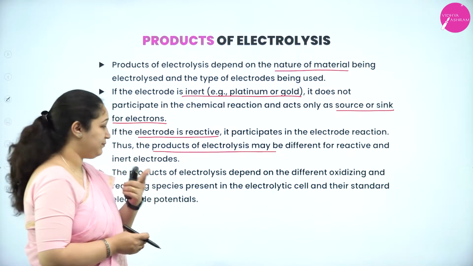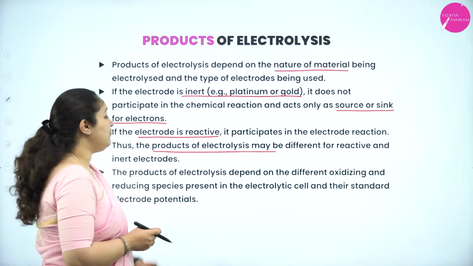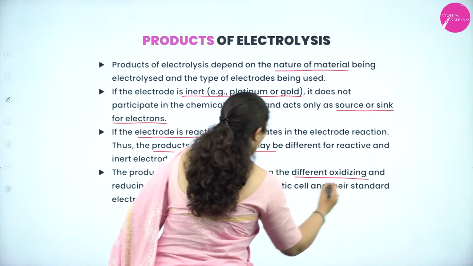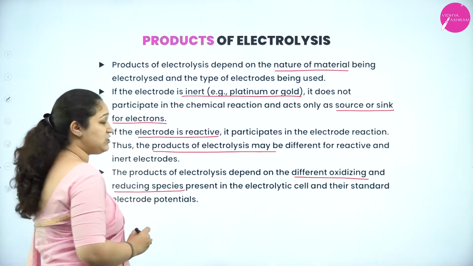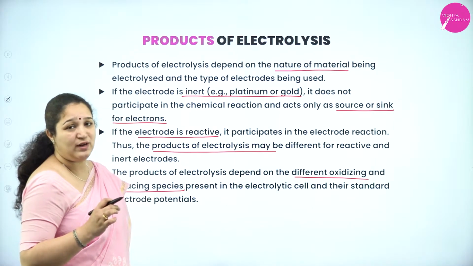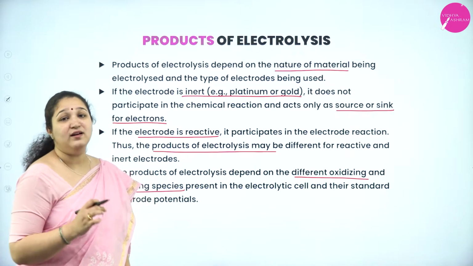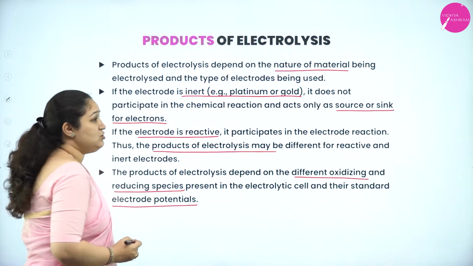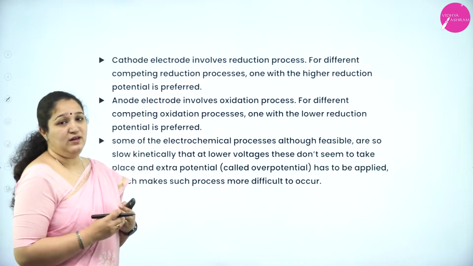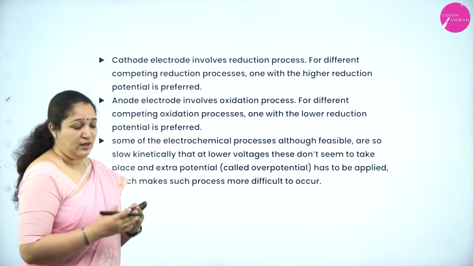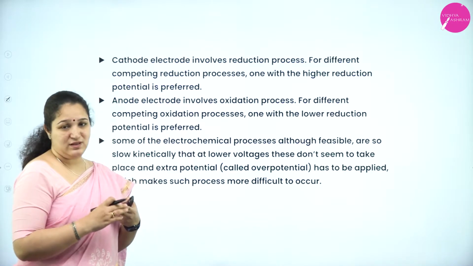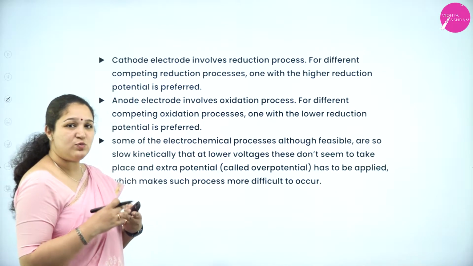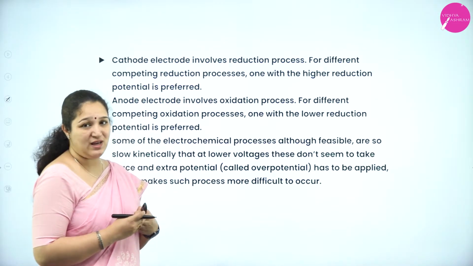That is one point. Next is, the product of electrolysis depends on different oxidizing and reducing species present in the electrolytic cell, and their standard reduction potential. So now for example, in cathode, there are two ions which is coming, that is the cation comes towards cathode, correct? There are two cations which is competing to come towards the cathode.